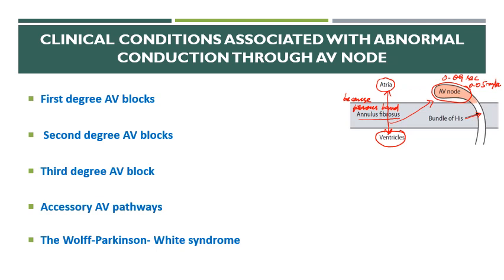If blockage occurs in the transmission of impulses from AV node to the bundle of His, this means that the excitation of ventricles will not occur.